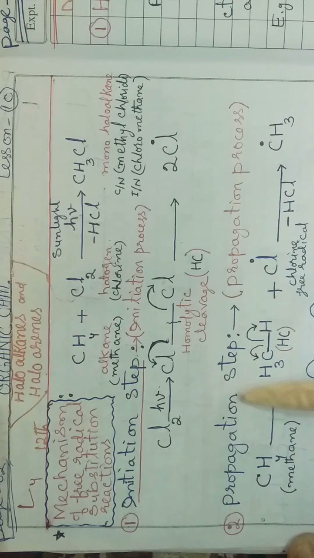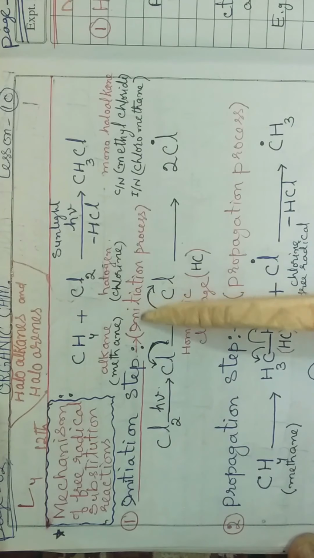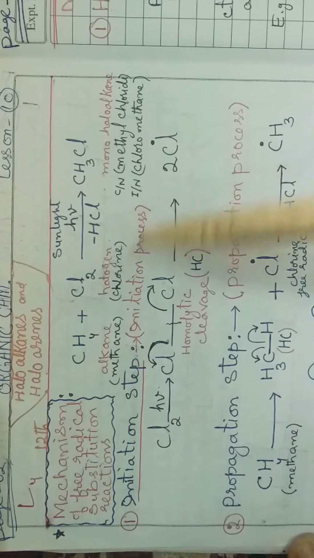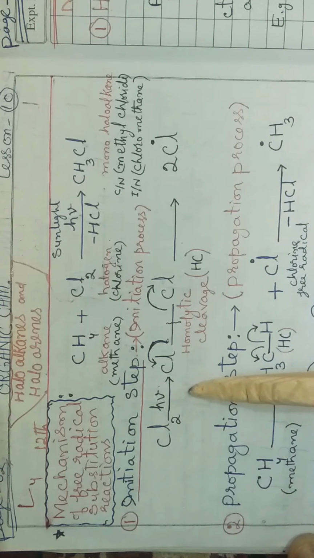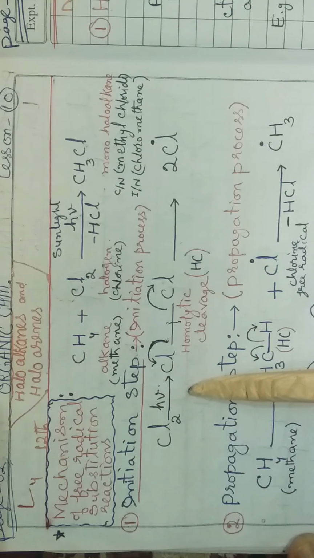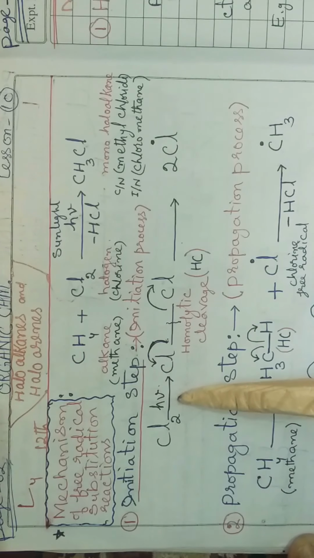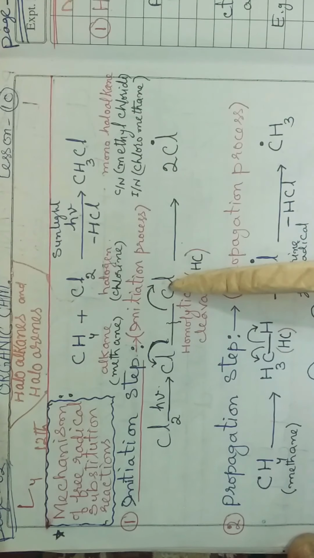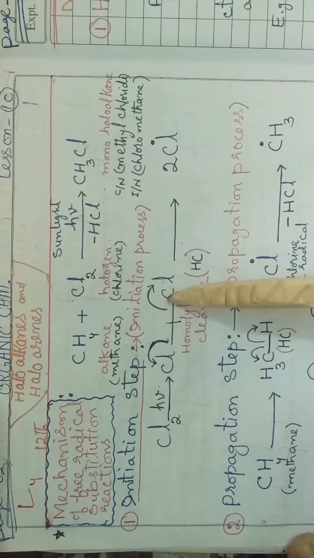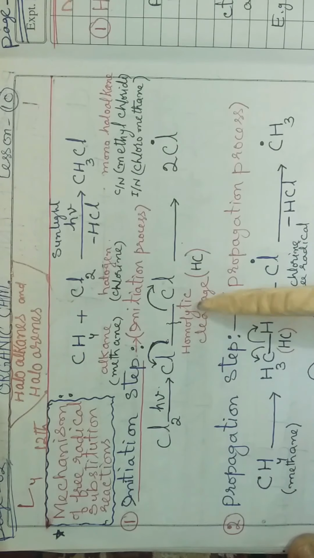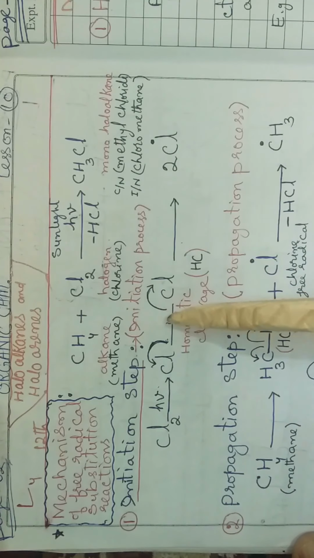So let us first of all see this initiation step. As I already told you, these are photochemical reactions, all happening in presence of sunlight. Here you can see the chlorine unit. Sunlight falls on this unit, and the two chlorine atoms undergo homolytic cleavage. Homolytic cleavage means breaking of the bond.